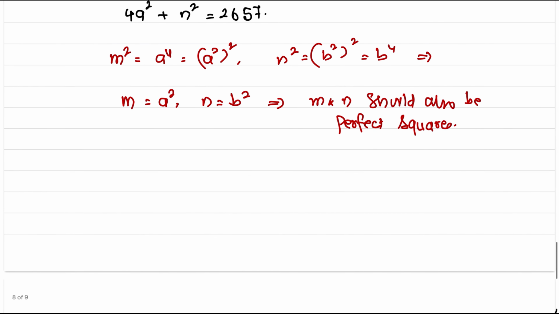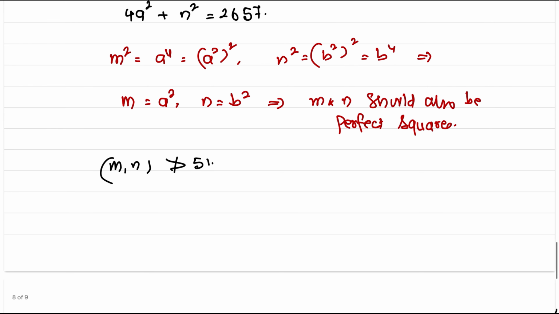That means m and n cannot be more than 51, we know. Below 50, how many squares are there to accommodate for m and n? How many squares below 50?